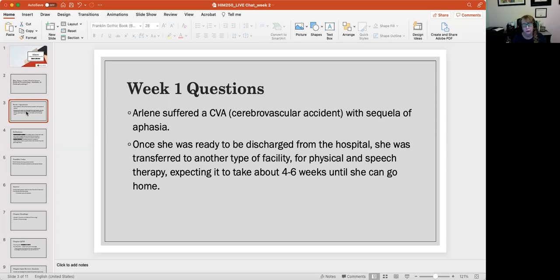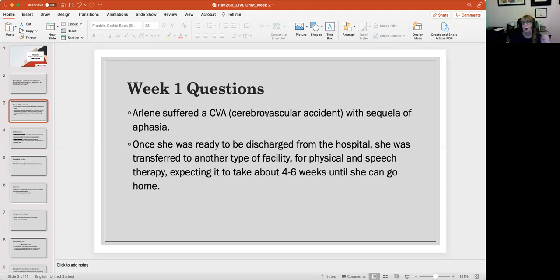All right, so Arlene suffered a CVA, a cerebrovascular accident with sequela of aphasia. Look at that. All those medical terms, only in one sentence. Okay.